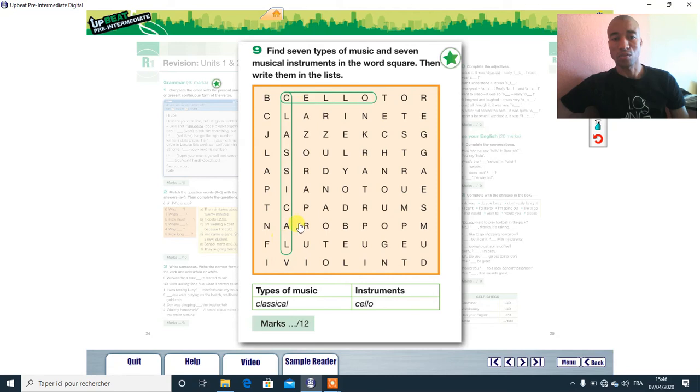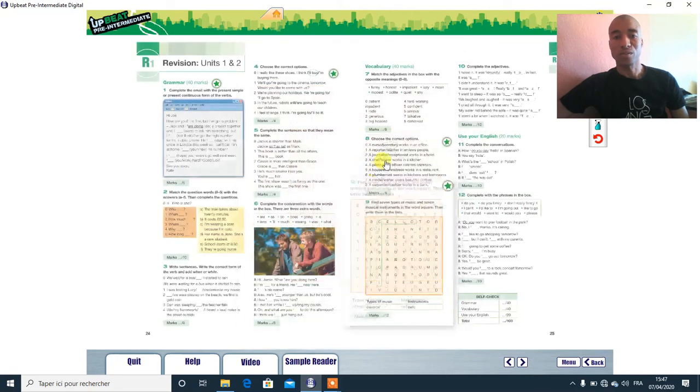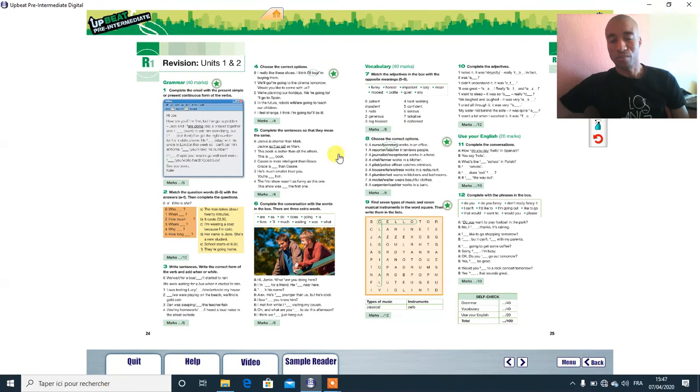So it's a type of music, and here it's an instrument as it is shown here in the table, and you have to find 7 music instruments in the word square, right? So that's it. All right. So I'm waiting to see your answers, because it's important, especially for grammar and vocabulary too, because they are important.